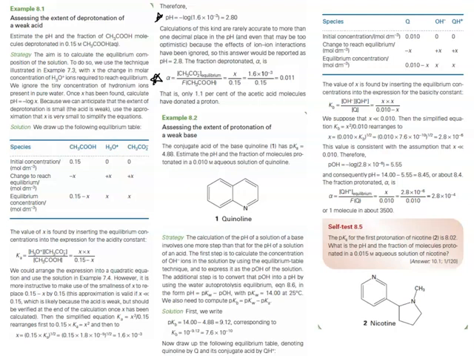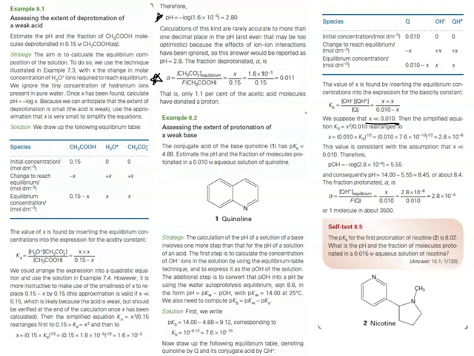So it'll be X squared divided by 0.010 minus X. We can, in this example, assume that X is substantially less than 0.010, and therefore simply substitute 0.010 for the expression, assuming X is insignificant in determining that value.